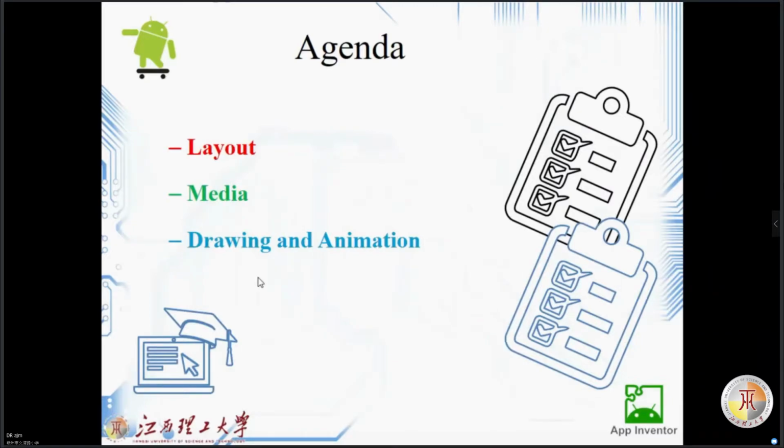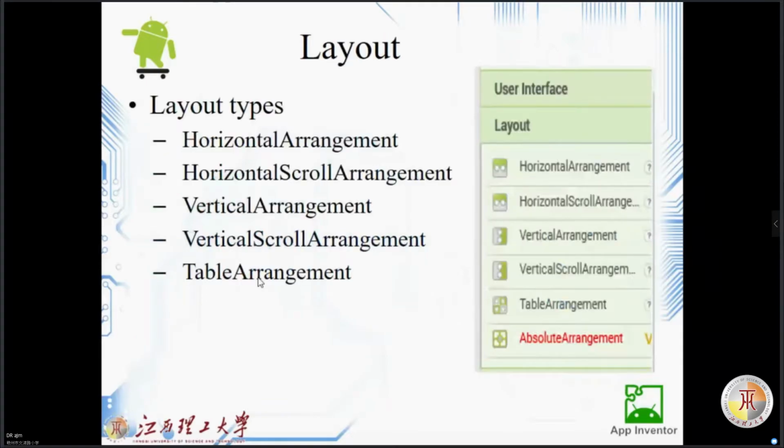Let us see the layout section. As I bring the figure here for you, we have around six parts, of which the last is the absolute arrangement. I think it is for this Chinese version because I didn't find it in the main App Inventor section, but you can also check.